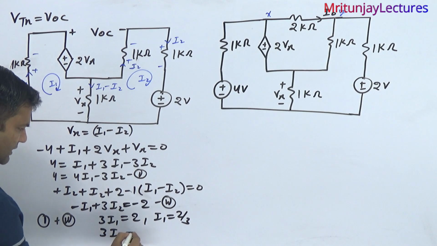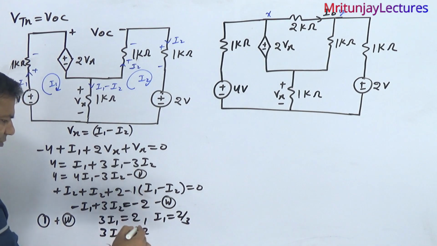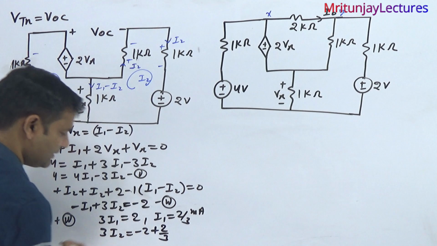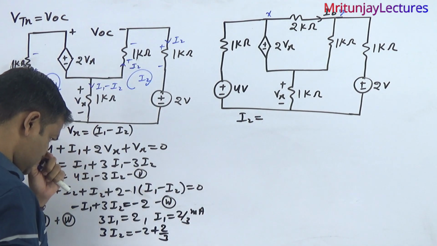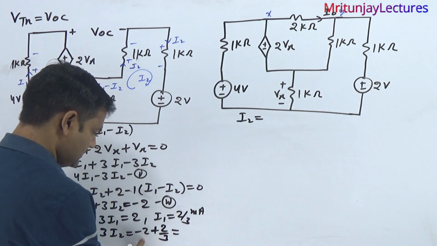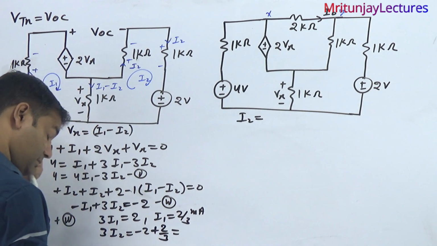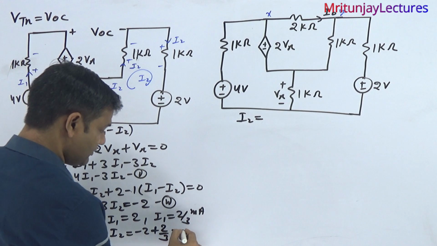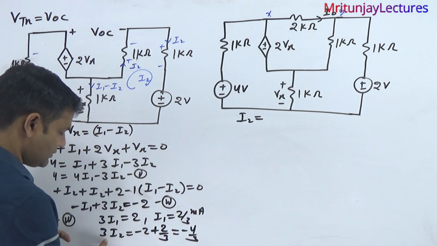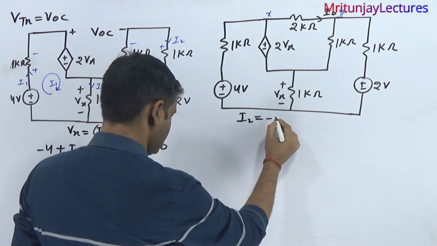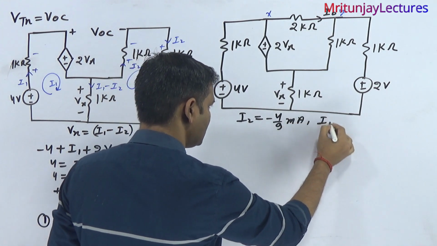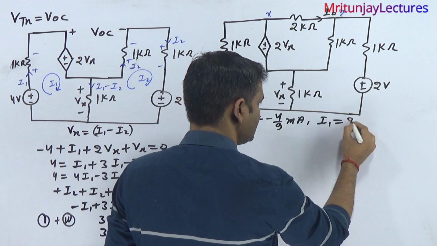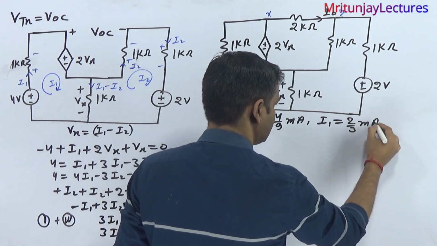So what about I2? I2 is minus 4 by 9 milliampere, and I1 is 2 by 3 milliampere.